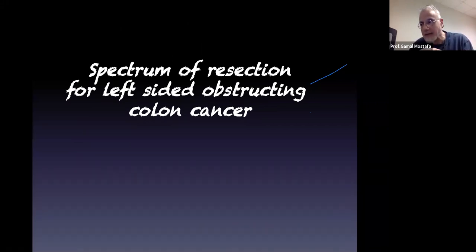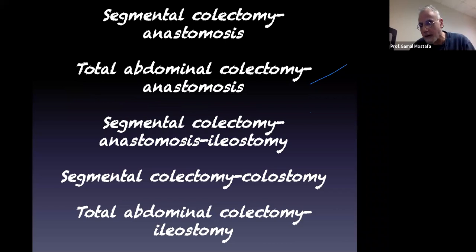And when I asked Mazen about the number of operations that you can potentially perform for a left-sided lesion, here they are. You can do 5 different operations for obstructed left colon. You can do a segmental colectomy and anastomosis, sigmoid colectomy, of course. You can do a total abdominal colectomy and anastomosis.